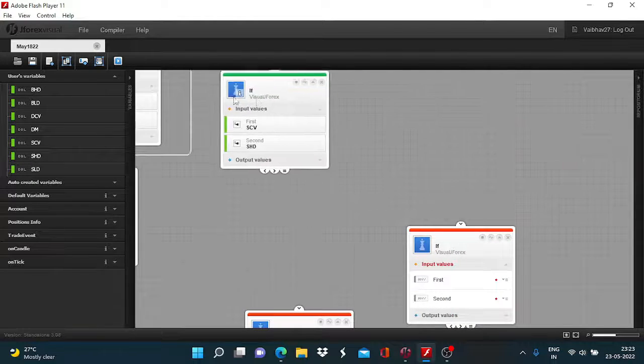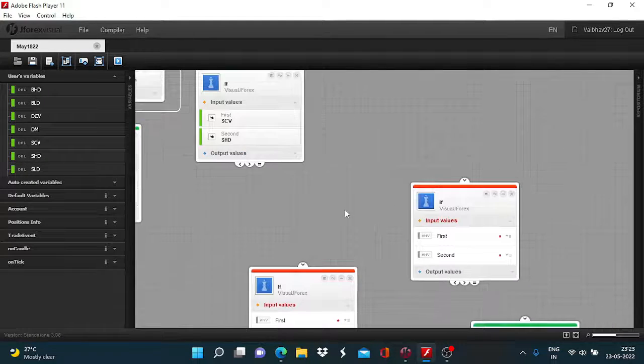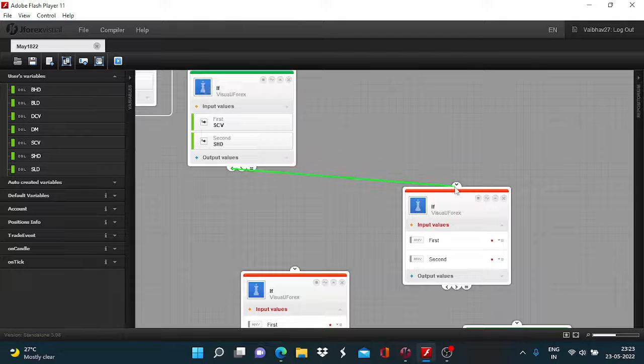So the CV needs to be less than the SHD. That means first input less than second input.